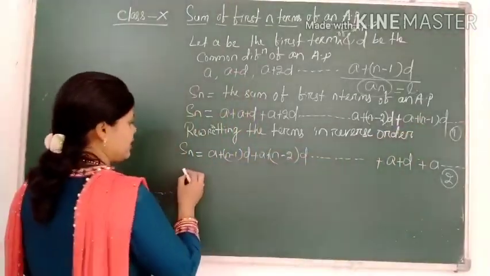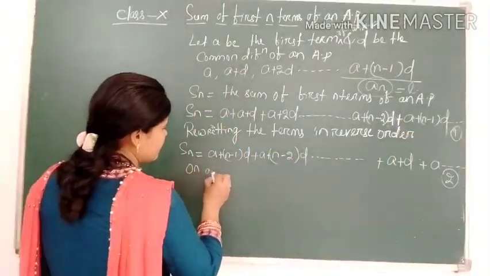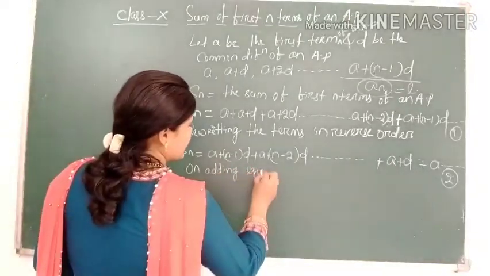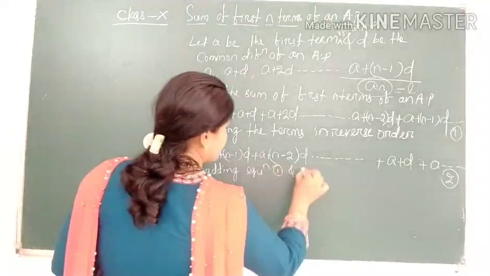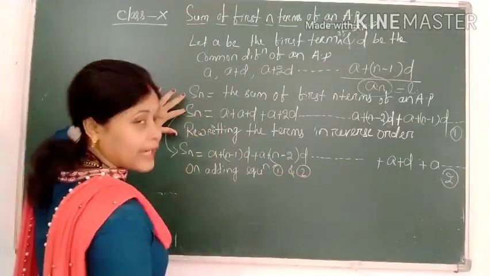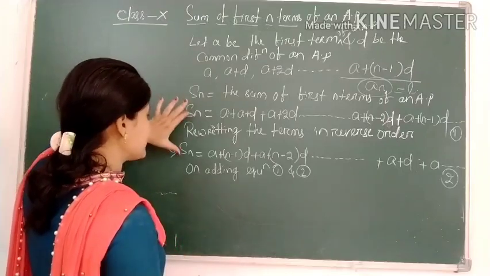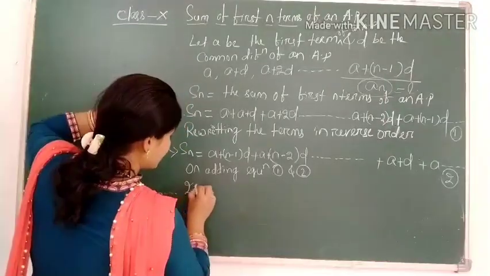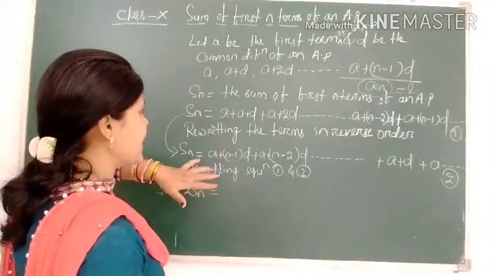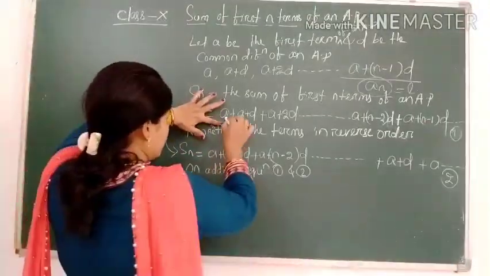Got it? Then on adding equation 1 and 2, look at here. First on the left hand side you have to write Sn plus Sn, 2Sn. Then you have to write your RHS side. So look at here.